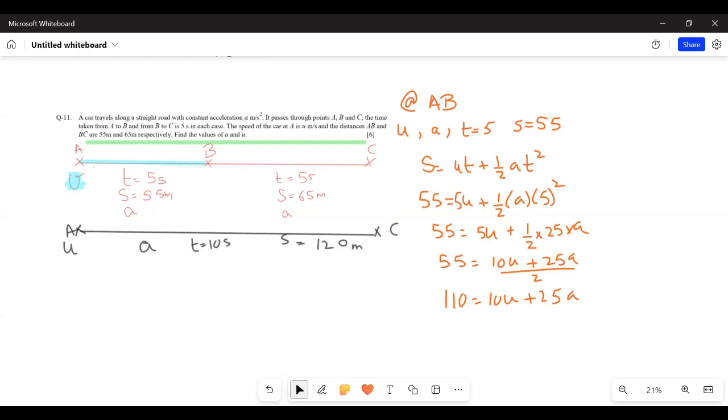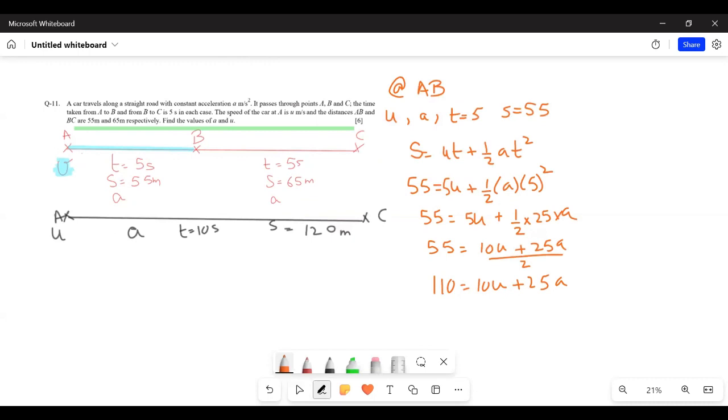Okay, so I'm going to divide both sides with 5. So 110 divided by 5 is 22 equals 2U plus 5A. And if something has gone wrong, let me quickly double check. 55 into 2 is 110. I made a mistake here earlier, but never mind. This would be the equation number 1.